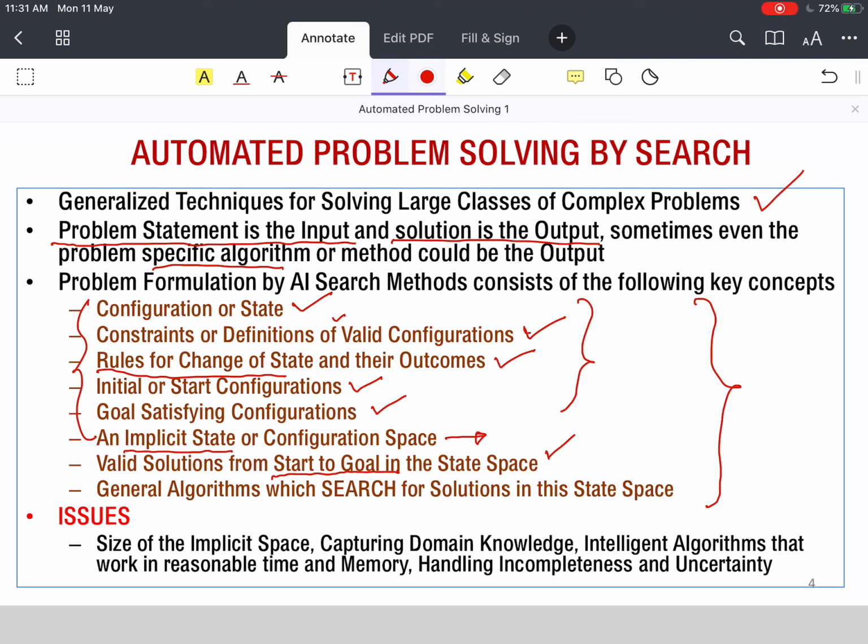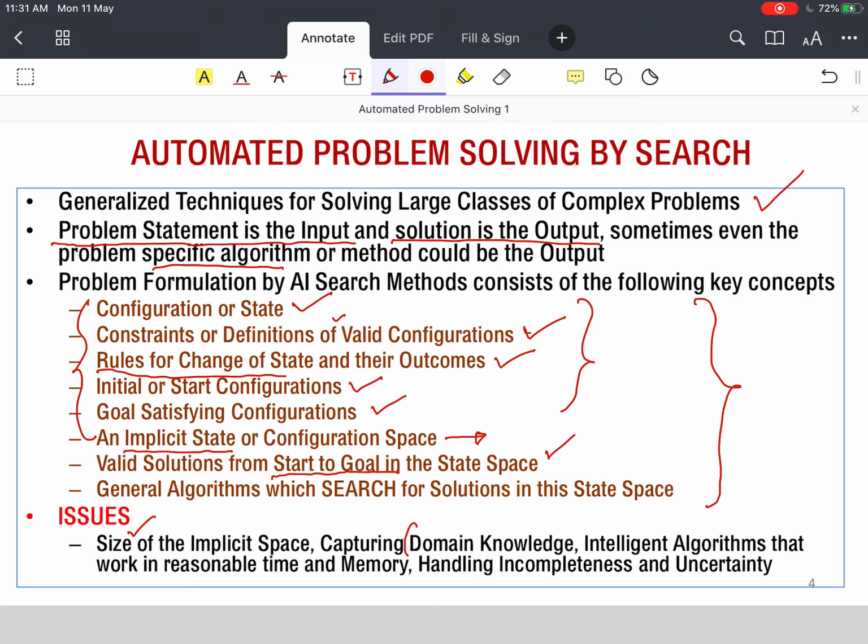And the issues, as I said, the size of the implicit search space. The other thing is that every problem has its own domain specific knowledge. For example, there is knowledge about chess, there is knowledge about path planning, there is knowledge about wire routing, there is knowledge about integration, there is knowledge about timetable scheduling, and so on and so forth.